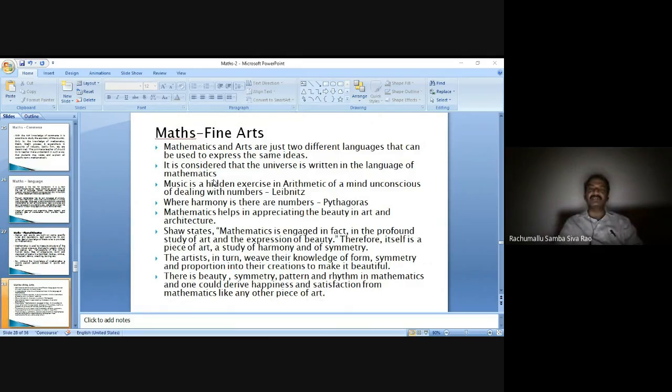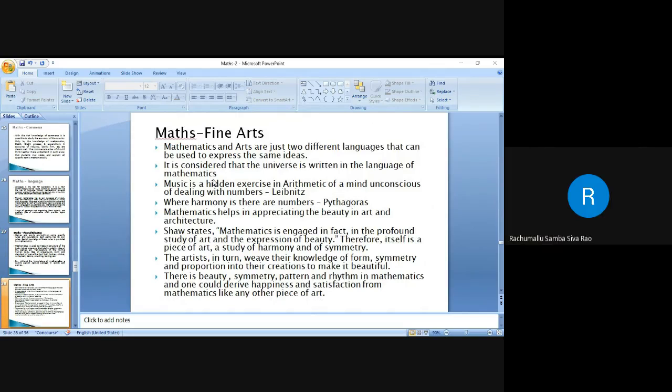Music is a hidden exercise in arithmetic of the mind unconscious of dealing with numbers. So there exists a relation between arithmetic, a branch of mathematics, and music.